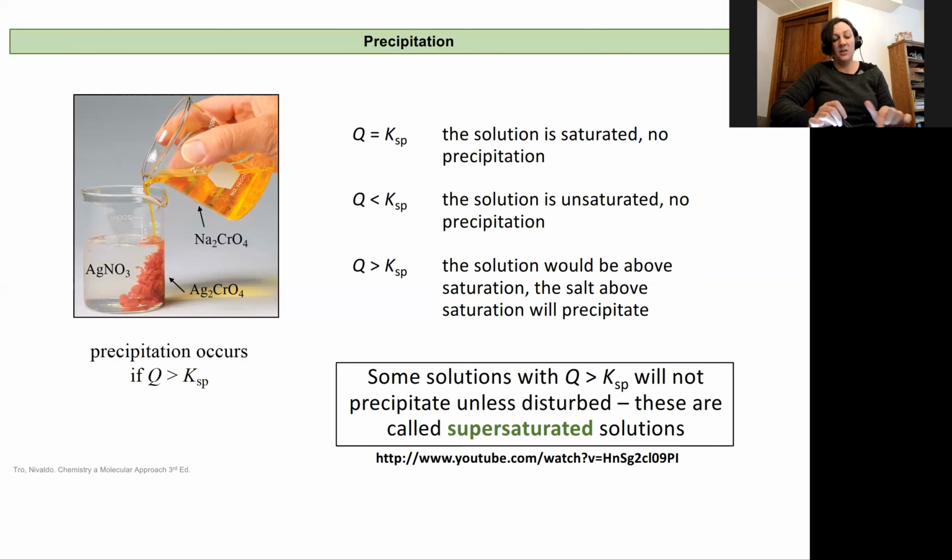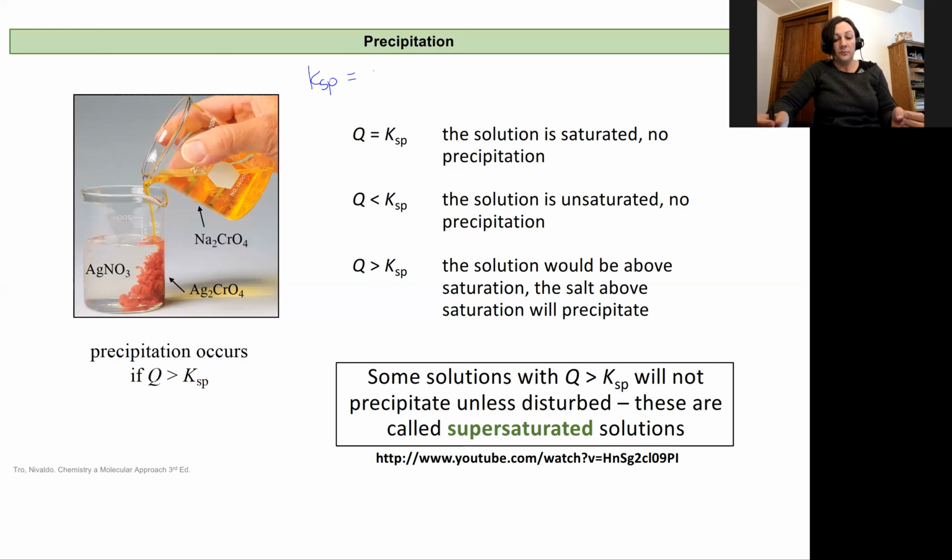Because when we combine these concentrations, the value that we get when we calculate Q is larger than the equilibrium constant, we're actually going to see a solid form. Remember, when we talked about solubility product, that KSP value is right before a precipitate would form. So it's really telling us the molar solubility that can exist before we have a solid.